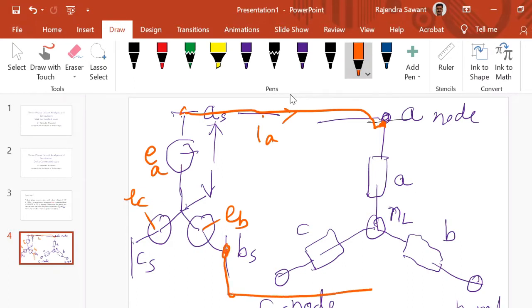This is connected here and its current is IB. So this line which connects the B terminal of the source to the corresponding B terminal of the load carries a current IB when activated. And the third one is this line. So this is carrying current IC.